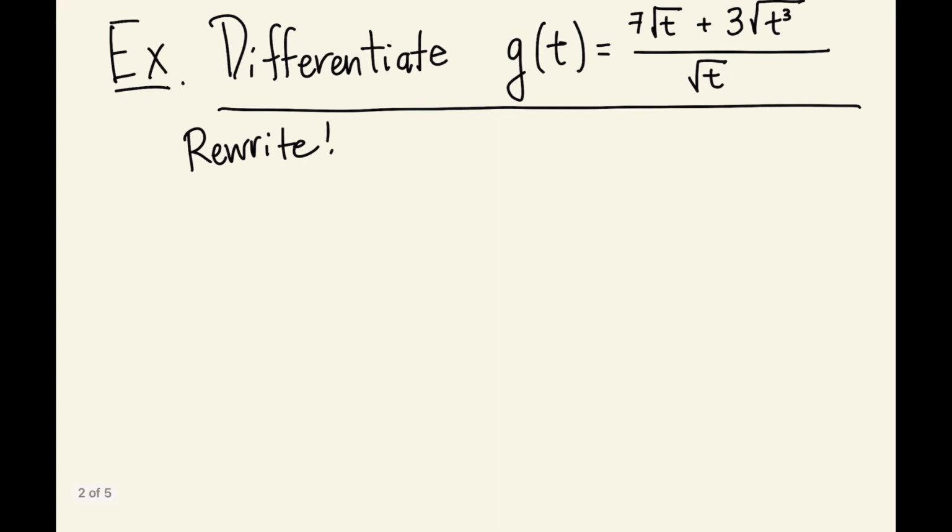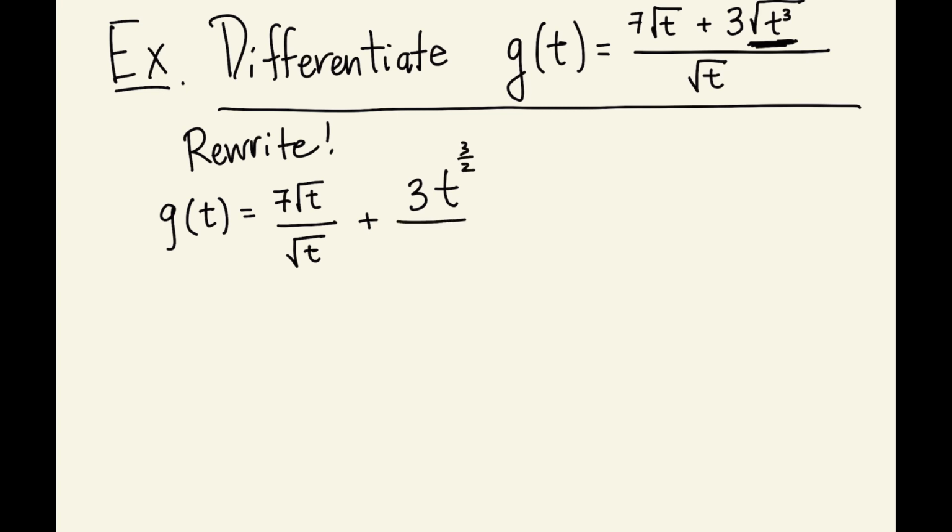So g of t can be rewritten as the sum of two fractions. I'm also going to rewrite this with rational exponents. So this can be rewritten as t to the 3/2 power, and you'll see why in a second.